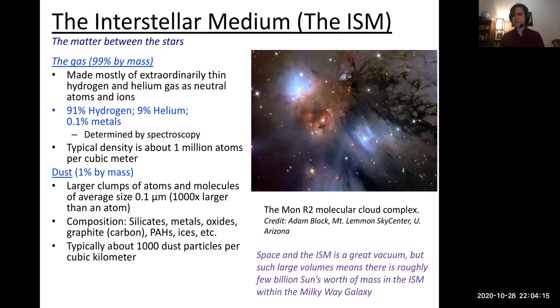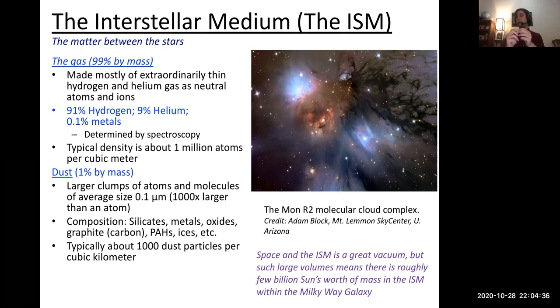Another way to think about this is, picture our sun at the center of a sphere, and now draw a sphere around the sun so that it just barely touches Proxima Centauri. So basically, we've just drawn a sphere around the sun that's just what we would think of as empty space. We won't include Proxima Centauri.